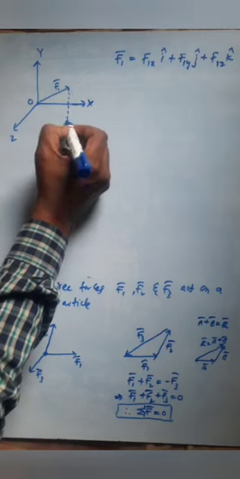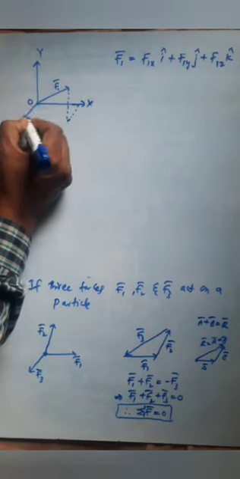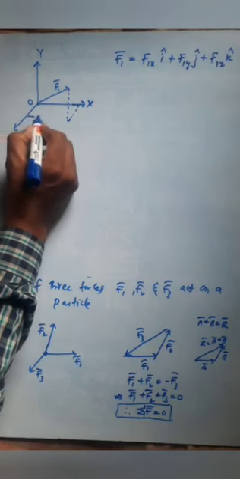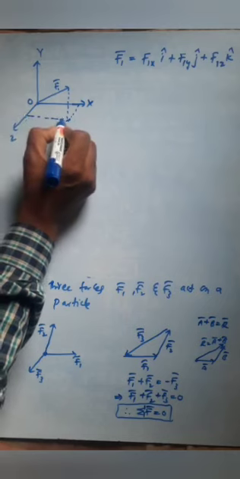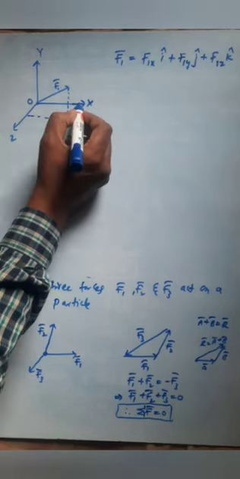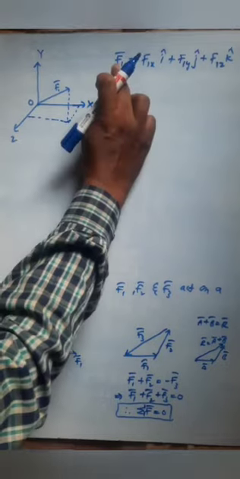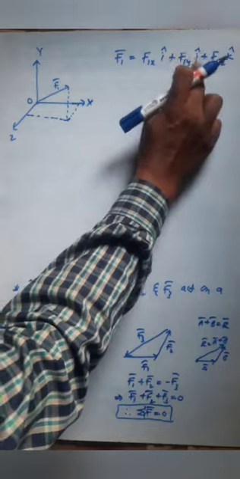So this one is the y component, this one is the z component, this one is the x component. So here F1 bar is equal to F1x i cap plus F1y j cap.